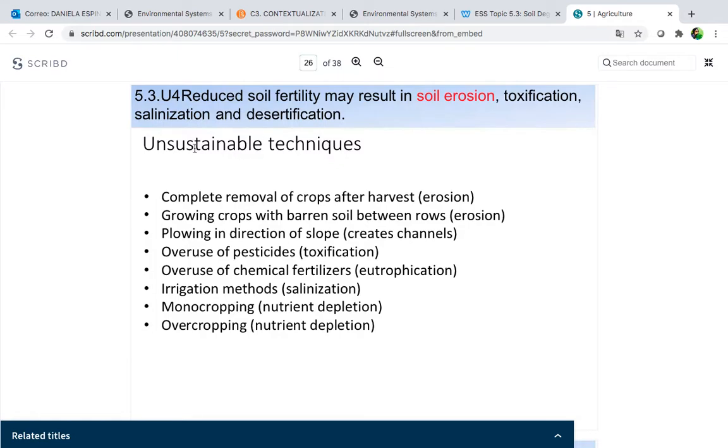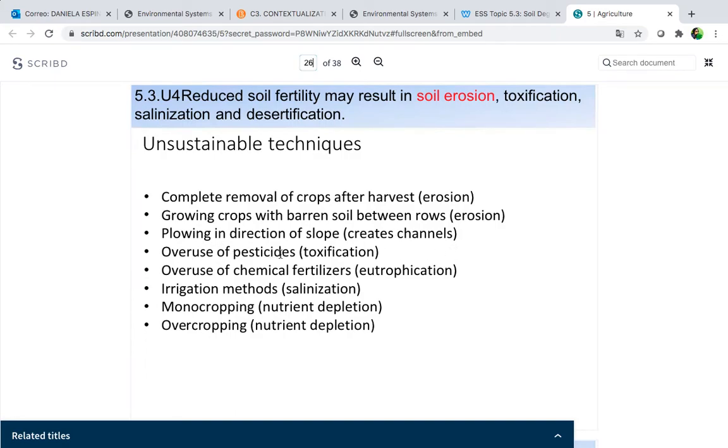Then we have examples of unsustainable techniques that cause soil erosion in soil. Complete removal of crops after harvest causes soil erosion because there is no organic matter left to recover soil. Growing crops with barren soil between rows causes soil erosion. Plowing in direction of flood creates channels in soil, that is another problem.